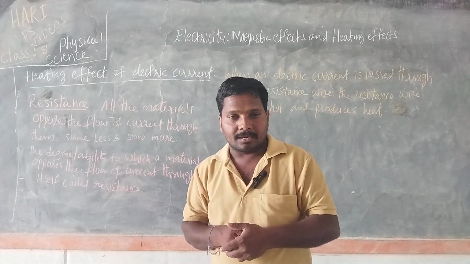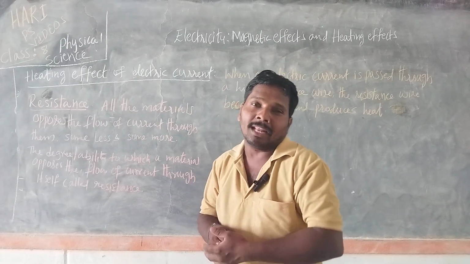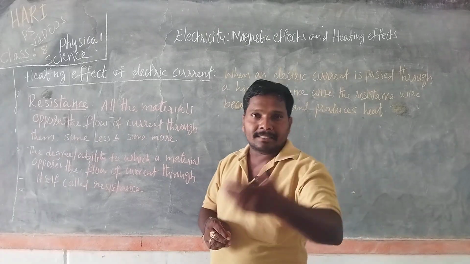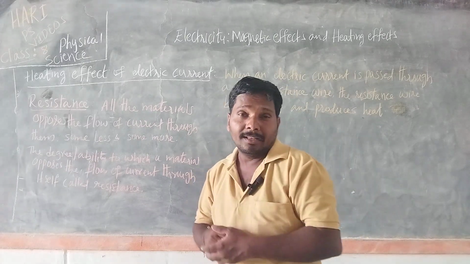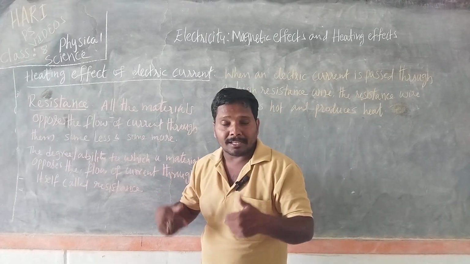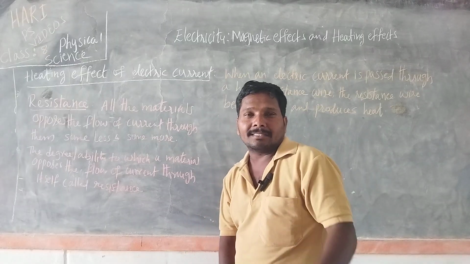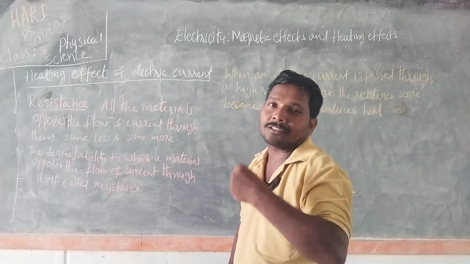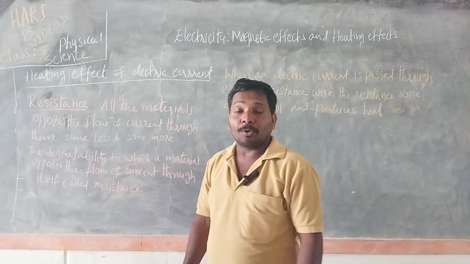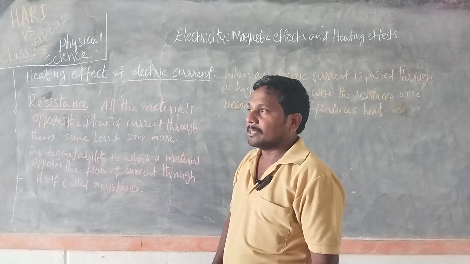Resistance power makes us not fall ill, not get any disease. Some white blood cells are present in our body. They act as resistance power and give resistance power to us. So we are healthy, right?